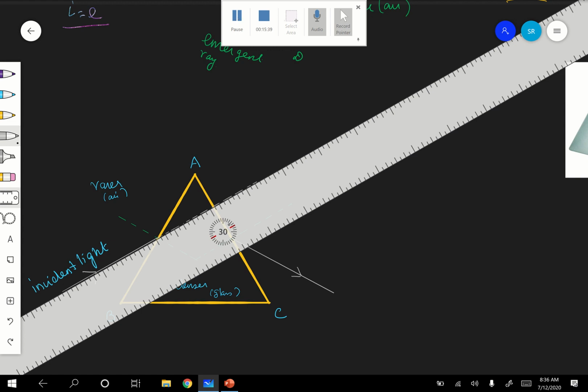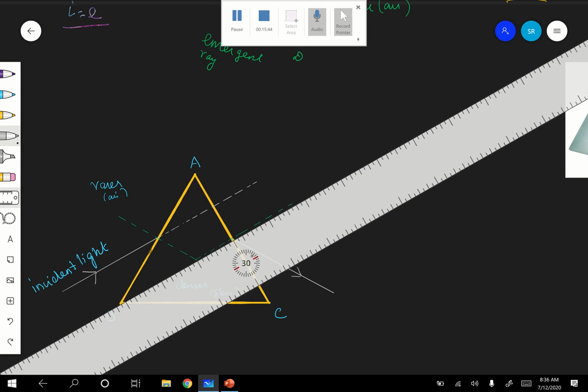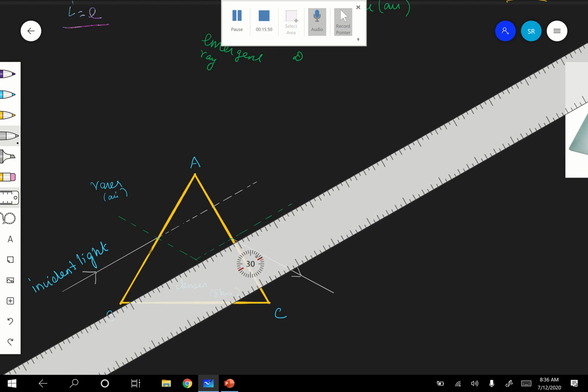But what happens actually is that it bends, because it is going from rarer to denser medium. Let me give some name to it. Here it is KL, and let the extended point be L dash.